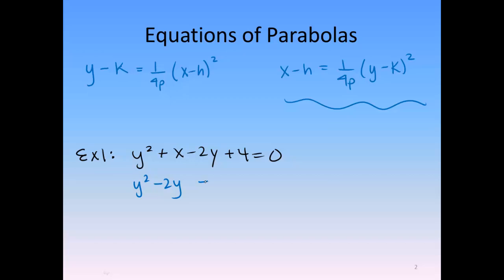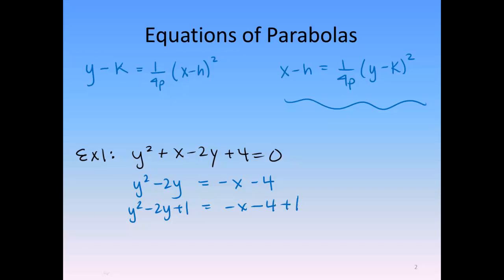So that would be equal to negative x minus 4. Okay. I'm going to go ahead then and complete the square on the left-hand side by taking half of that middle term and squaring it. So I would be adding 1. And I'm going to make sure if I add it to the left side that I'm also adding it to the right side.